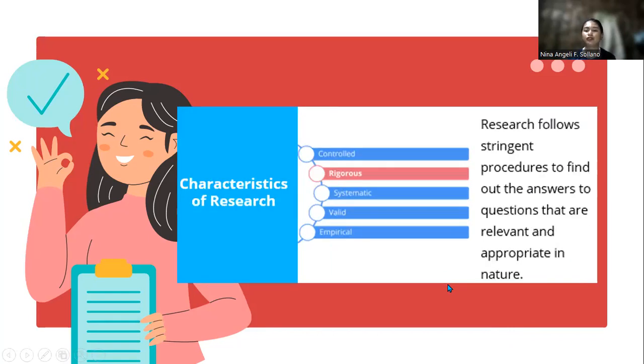Next, we have rigorous. So rigorous is the research must follow stringent procedures to find out the answers to questions that are relevant and appropriate in nature. So again, as what I have told you, we are to undergo different procedures. So do not limit it to only, for example, you don't have enough respondents and you are to decide.